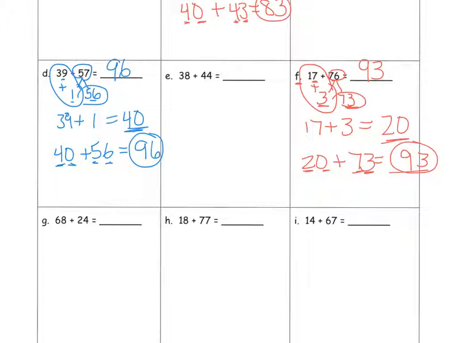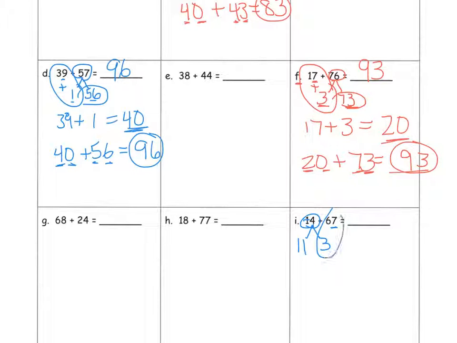And the last one we're going to look at, let's go to I, because I want to go to the other side here for it. I'm looking at the 7 because there's a 4 here and a 7, and I know if I take 3, I can get to 10 quicker than if I look at the 4. That's just my look at it. So I know 11 plus 3 is 14.